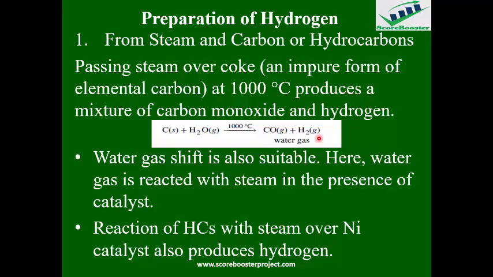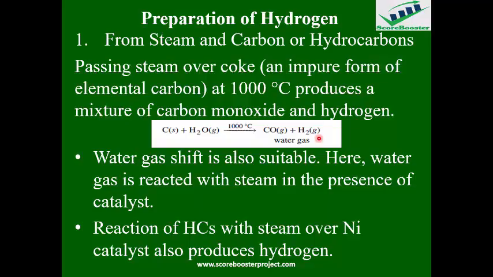We can also use hydrocarbons with steam over nickel catalyst to produce hydrogen. One of the hydrocarbons that can be used is propane, C3H8. So if propane reacts with steam in the presence of nickel catalyst, there is going to be formation of carbon dioxide and hydrogen.